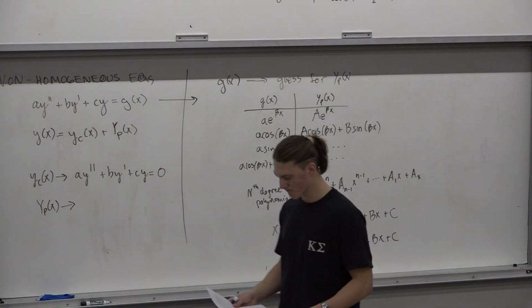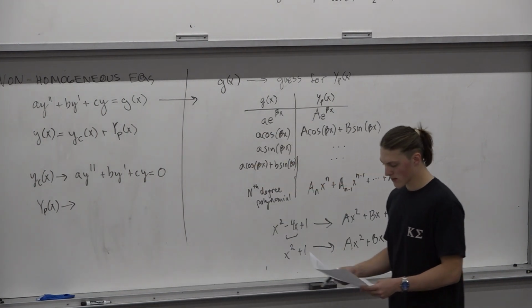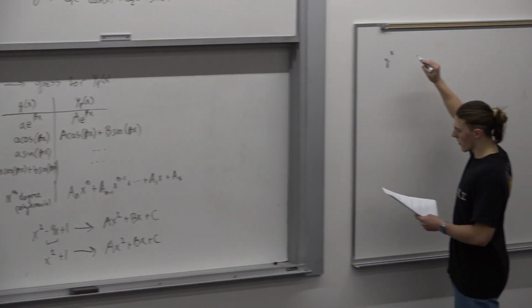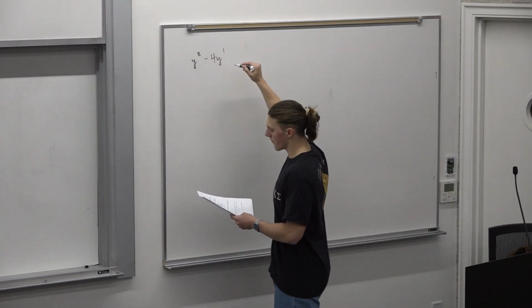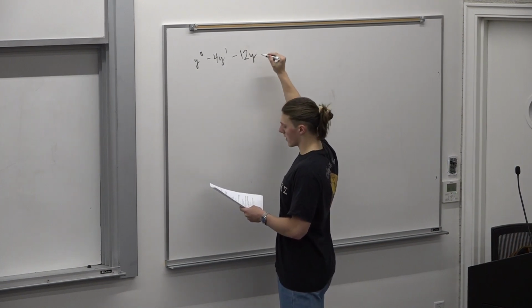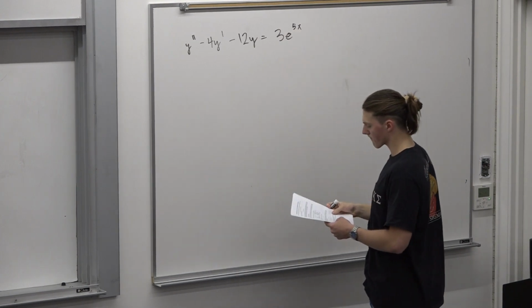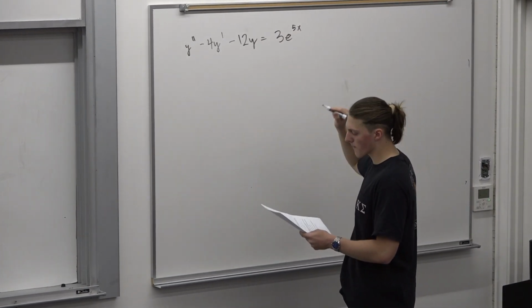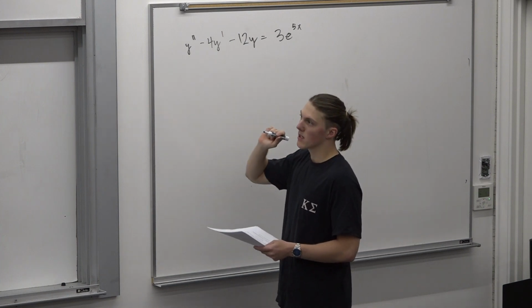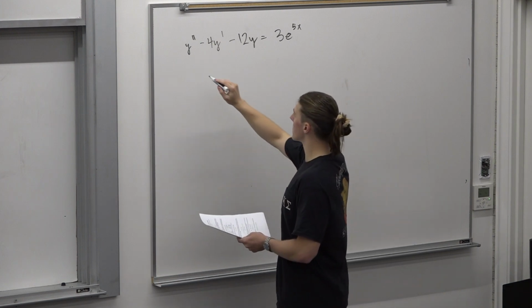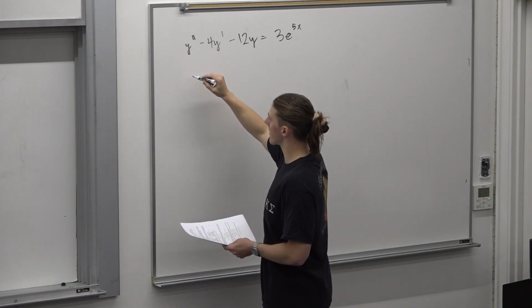So let's walk through a little problem. We have y double prime minus 4y prime minus 12y equals 3e to the 5x. Like I said, the first thing you should be doing is using your characteristic polynomial to solve for yc of x.